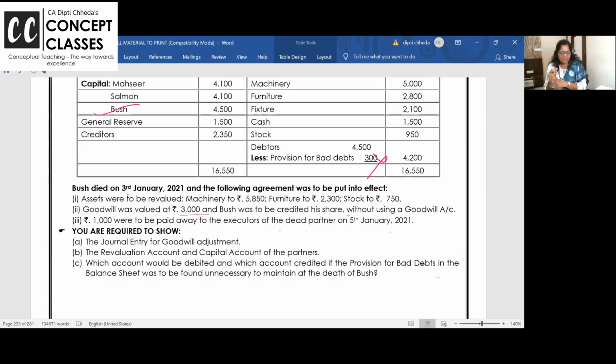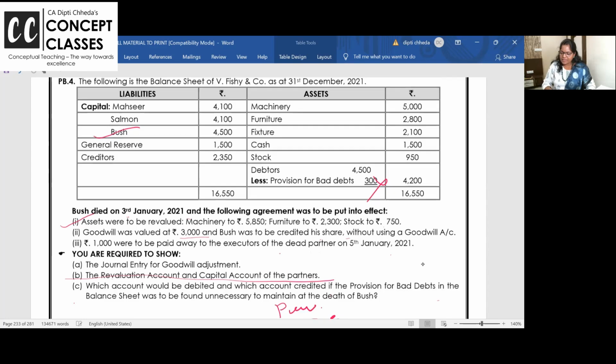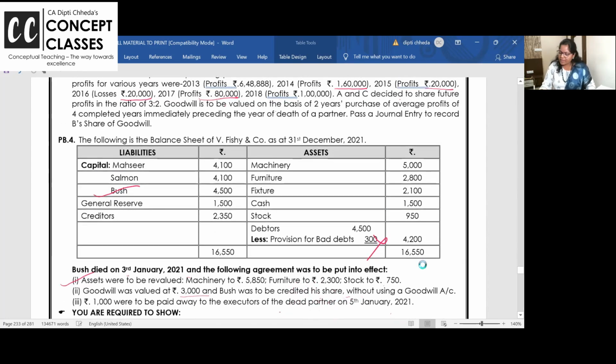It's a profit. This is an extra option. Don't work it here. Don't take it in revaluation. Revaluation is only this first one. As an extra option, they have asked that if provision is not required, debit the provision, credit the revaluation, that you should write in the answer. Write down the answer now very quickly.